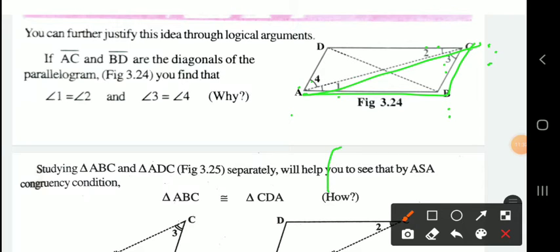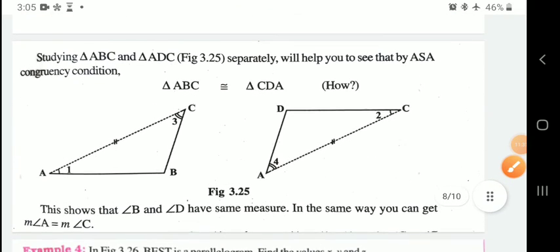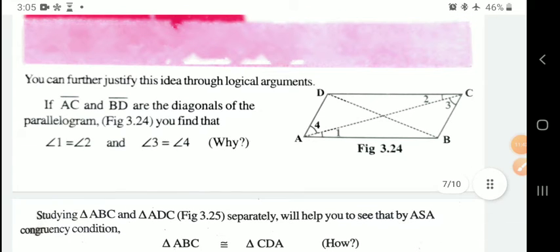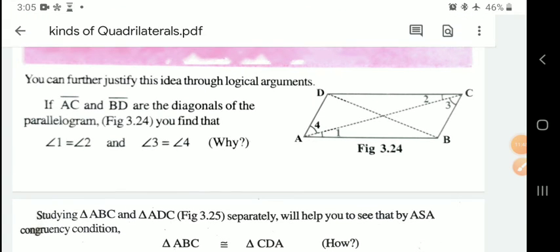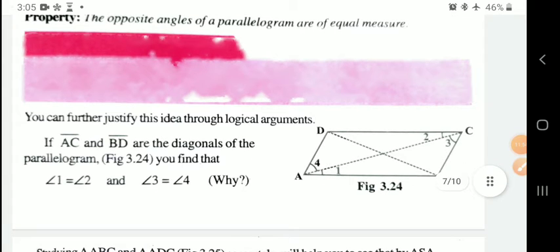How can we write this? So these two triangles are equal, right? Which triangles? The triangle ABC and the triangle CDA. Now AB is equal to CD and AD is equal to CB.